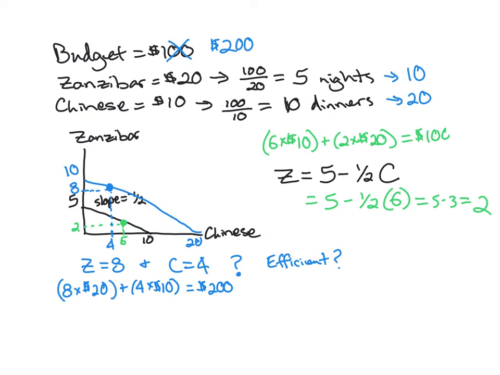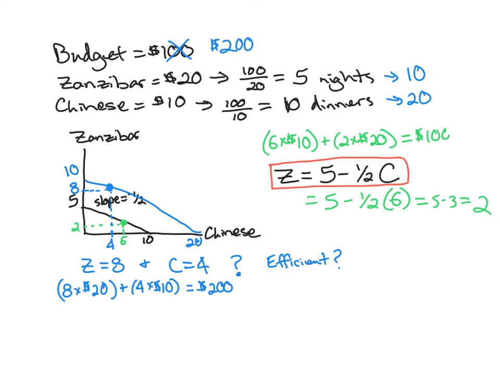The other way to answer this question, is the allocation of 8 and 4 efficient, is to actually tweak the equation we created for the budget constraint to reflect the now higher budget, and then to plug in either the 4 or the 8 and see what the equation for the budget constraint tells us is actually possible.